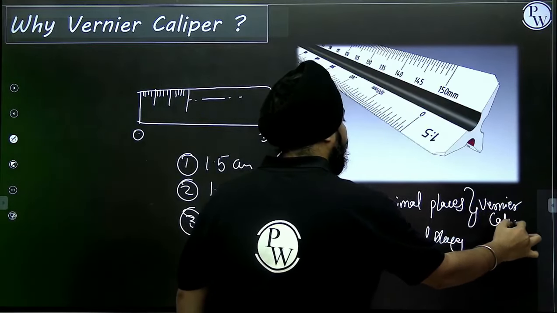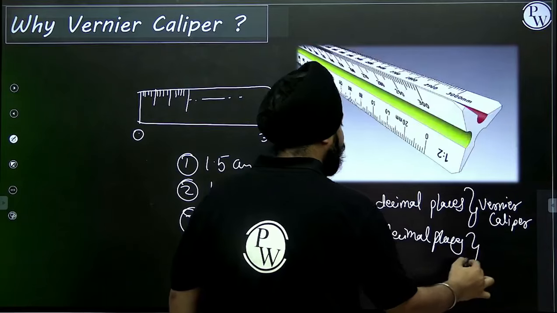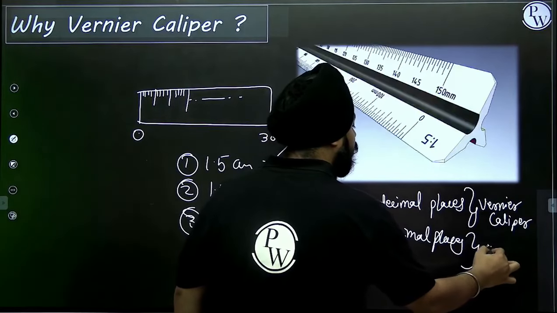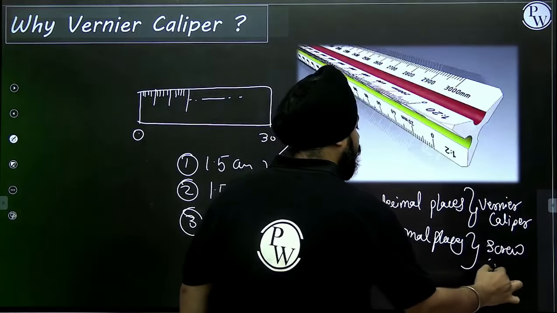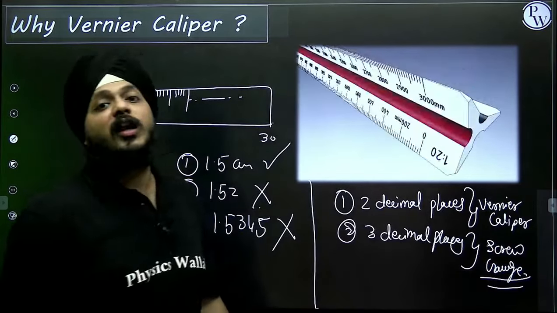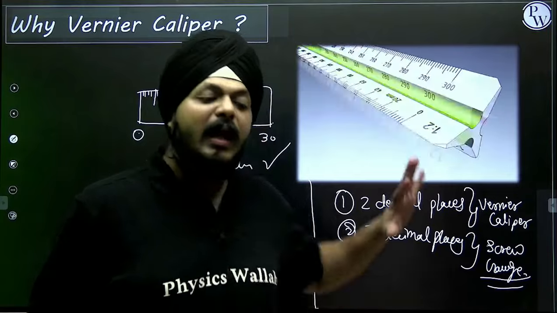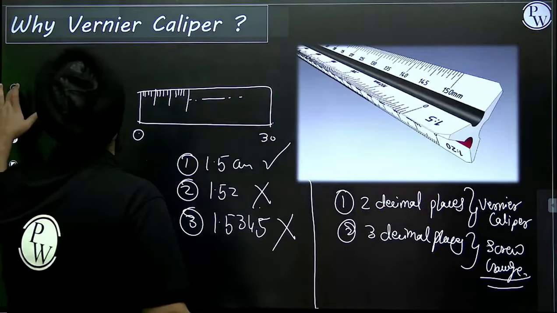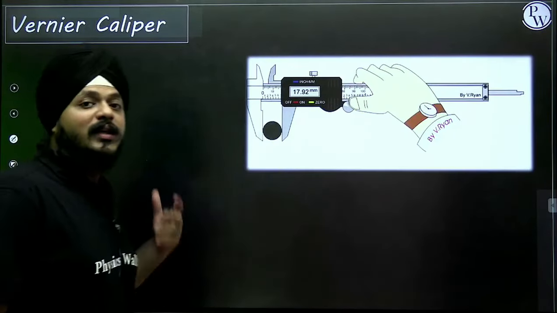Second, we use the micrometer screw gauge, which can measure more accurately. It completely depends on the range of the instrument we are using. But this is the replacement of the meter sticks. That's why we are using it.